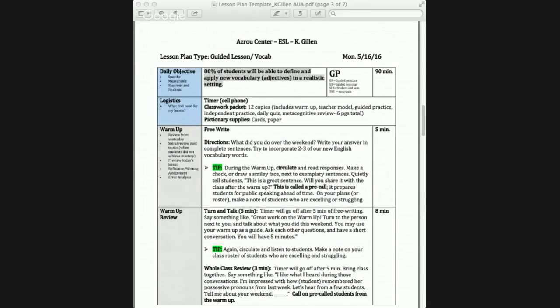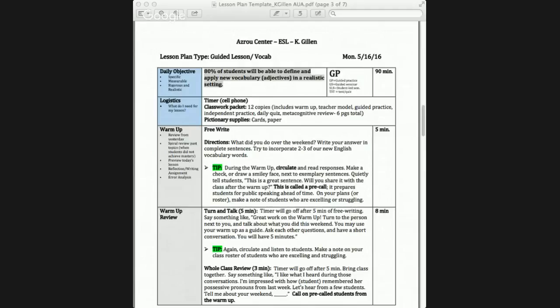Obviously, an objective like 100% of my students will be able to perfectly carry on a conversation in English is not an attainable or specific objective, because A, probably all of your students won't be able to do that, and B, perfect English is different to different people. So that's not a measurable objective. Just be careful when you're writing your objectives that it's something you can actually attain in a one-hour or hour-and-a-half class period.